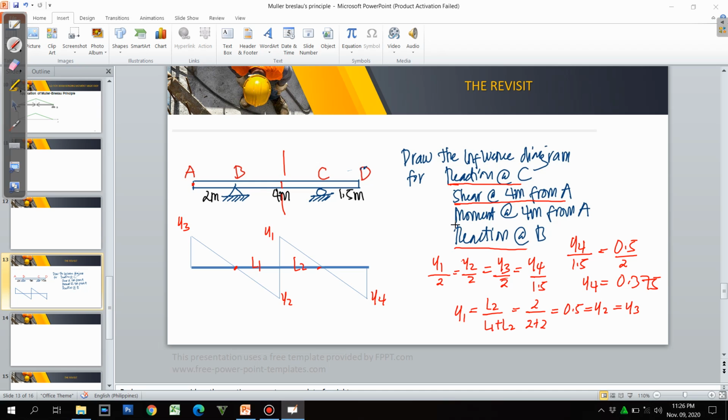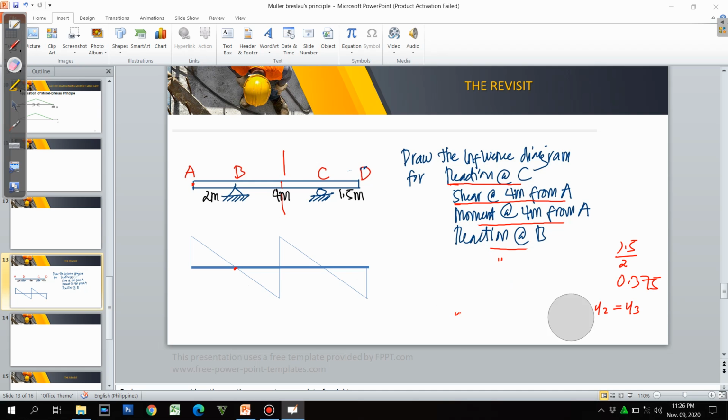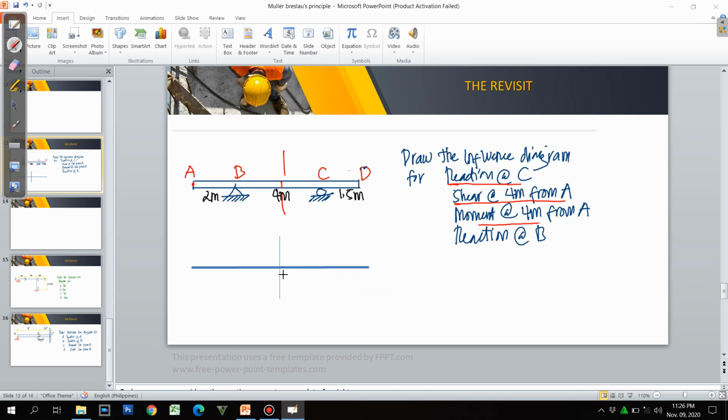So next, we move to establishing the moment at 4 meters from A. And as for the procedure, we locate our point of concern 4 meters from A, that is here.